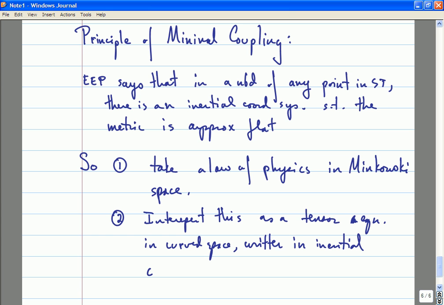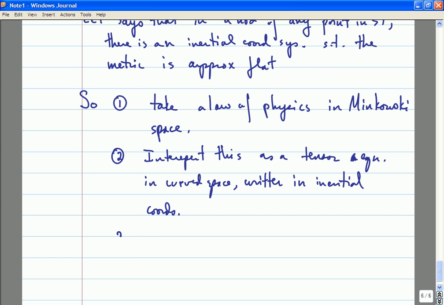So you take your favorite law of physics involving the Minkowski metric, the partial derivatives, and so forth, and you think of that law as a tensor equation, but it's a tensor equation that happens to be written in an inertial coordinate system, a freely falling coordinate system, where the space-time metric is as close to Minkowski as we can get it. And then we take the resulting tensor equation and we declare that that is the law of physics in curved space.